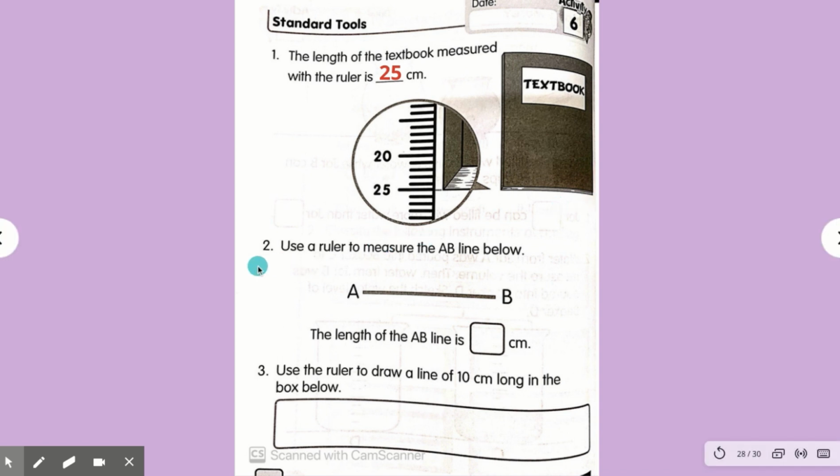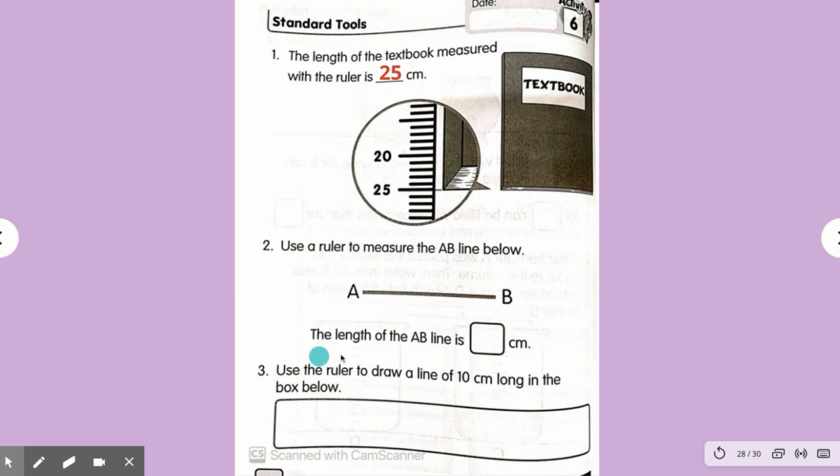Now look at question number 2. Use the ruler to measure the line AB. This is AB. You have to remember that we're going to start from 0 cm. So you have to start from here, 0, until here. Use your ruler.